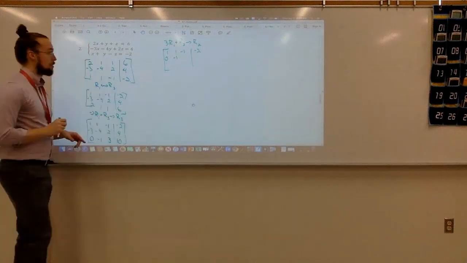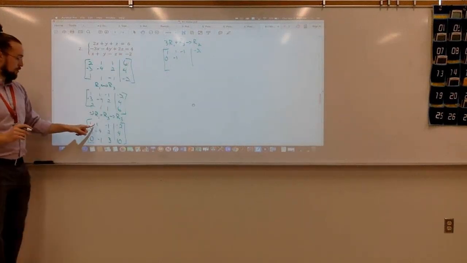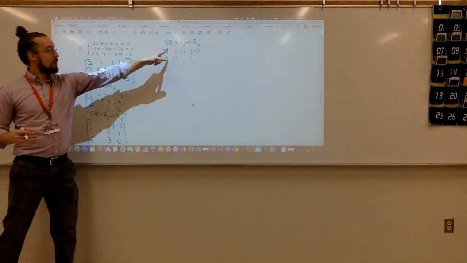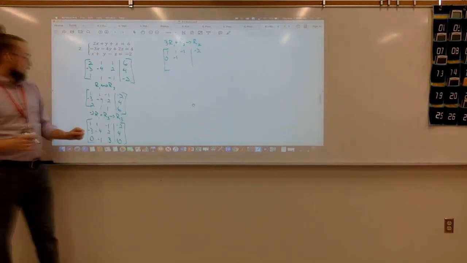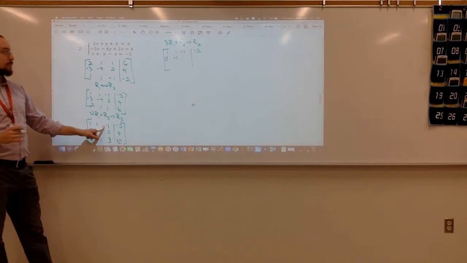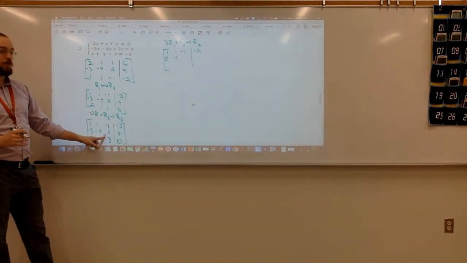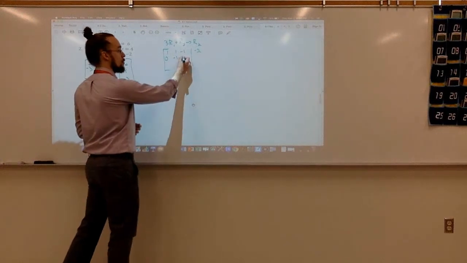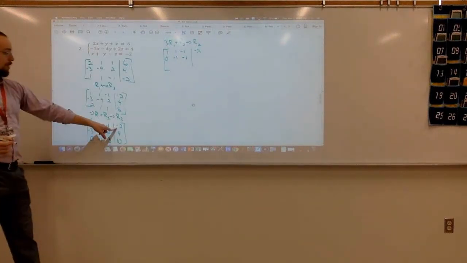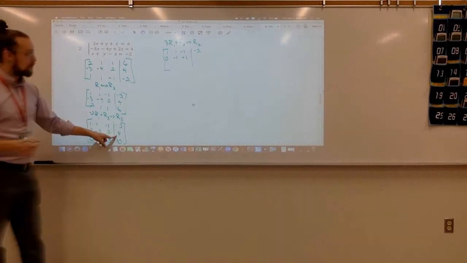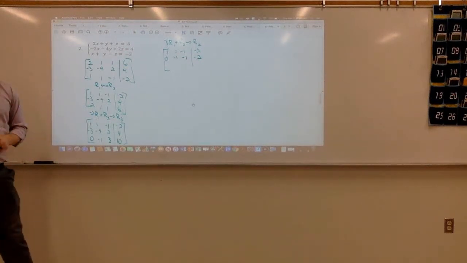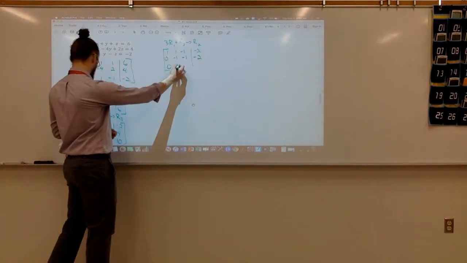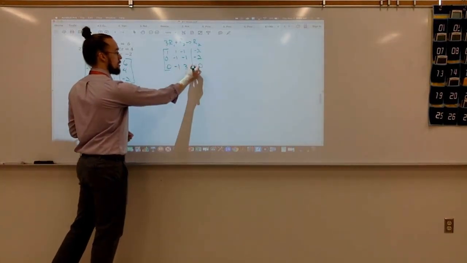Then 3 times -1 is -3, plus 2, so -3 plus 2 would also be -1. 3 times -2 is -6, plus 4, -2. And then we're not changing the third row, right? So 0, -1, 3, and 10.